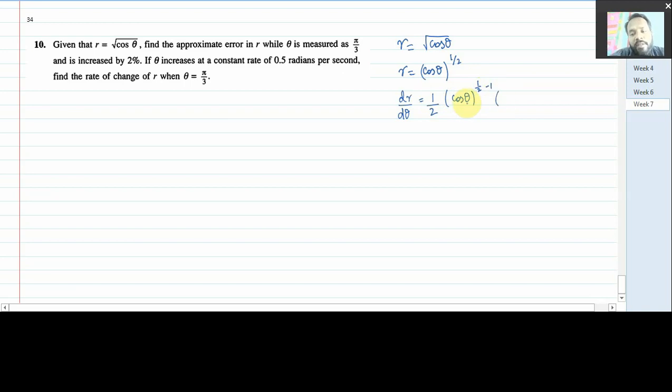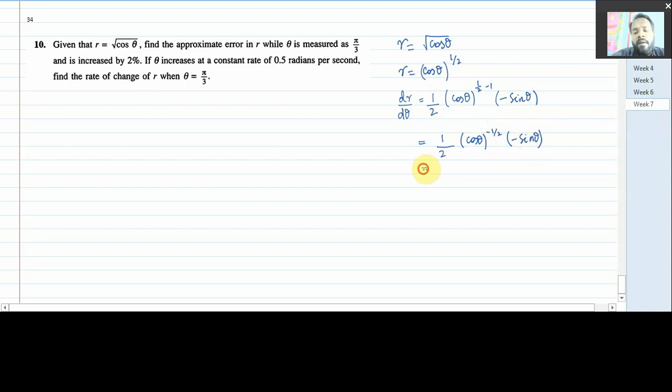The function we have is cos theta, so the differentiation of cos theta is minus sine theta. So after that it will be 1 divided by 2 cos theta to the power 1 upon 2 minus 1, which is minus 1 upon 2, and here we have minus sine theta.